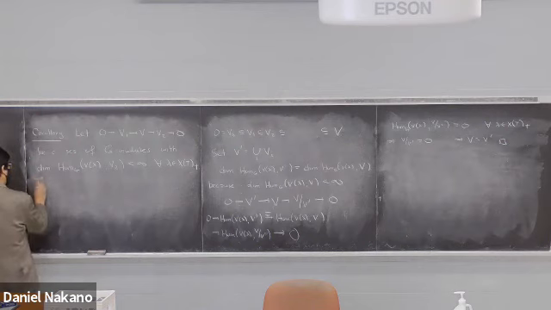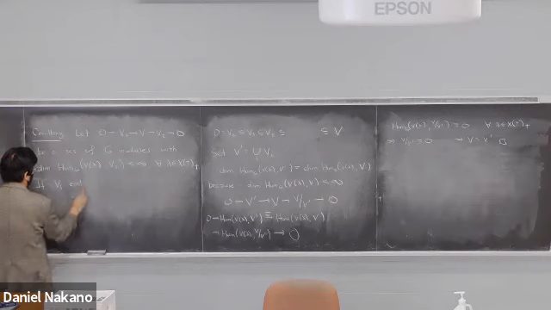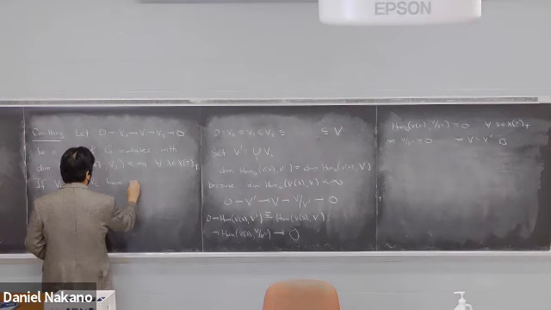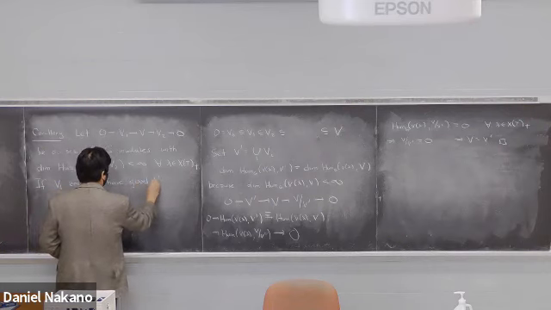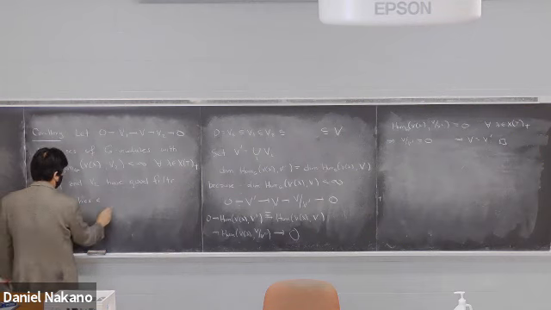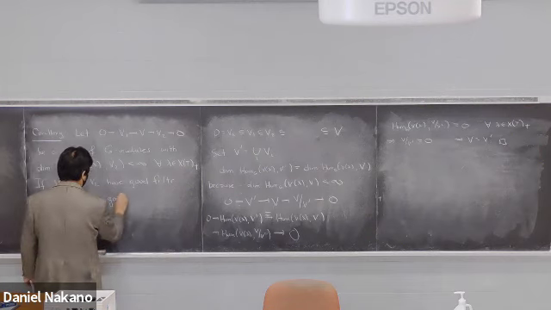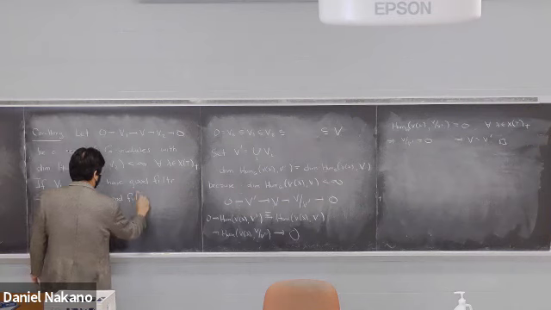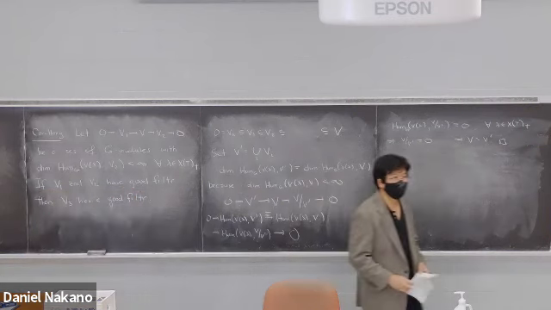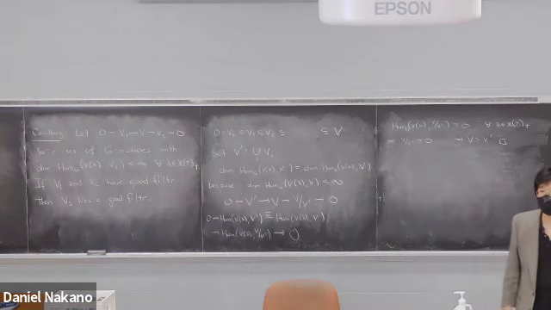So if V1 and V2 have good filtrations, then V has a good filtration. Try to prove this without any cohomology.